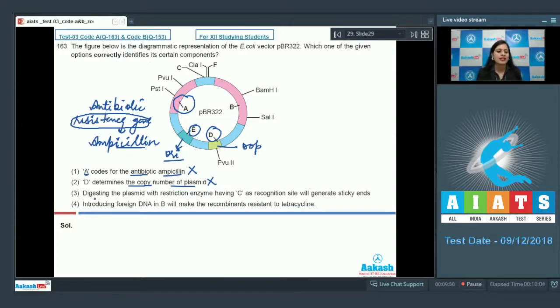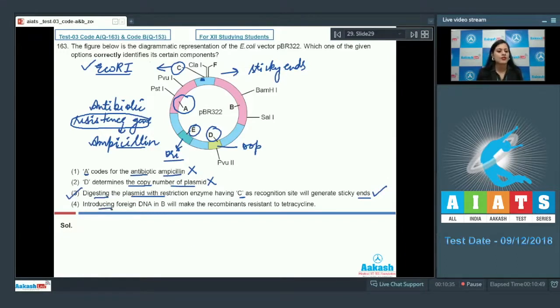The third option is digesting the plasmid with the restriction enzyme having C as the recognition site will generate sticky ends, and C is here, which stands for EcoRI restriction endonuclease site. And if we digest the plasmid with the restriction enzyme EcoRI at this site, it will generate sticky ends. And this is a correct option and is a correct answer to our question.